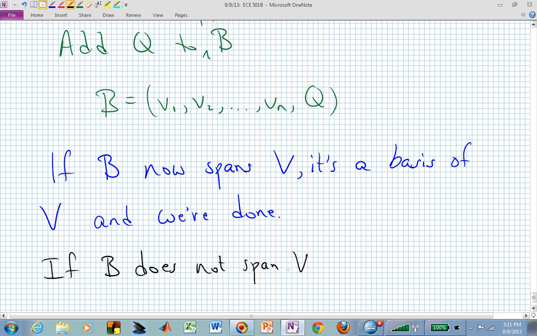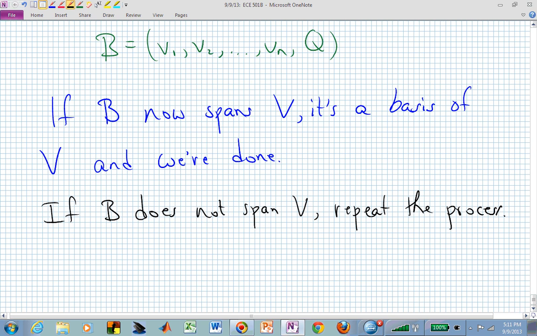If B does not span V, then we just continue this process. We pick a new U that's not in B and keep going.